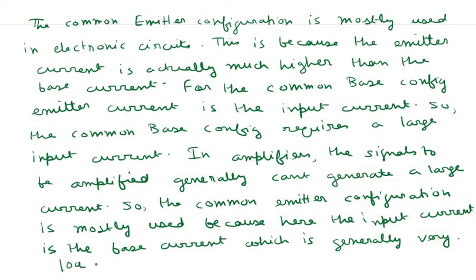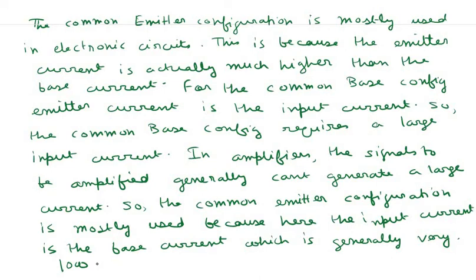And in case of very good transistors, less than 0.1% of the emitter current actually goes into the base current. So beta in those cases is of the order of 1000 or 10,000. A value of beta of the order of 10,000 is not uncommon in transistors.